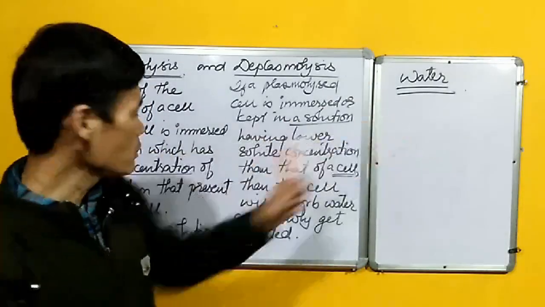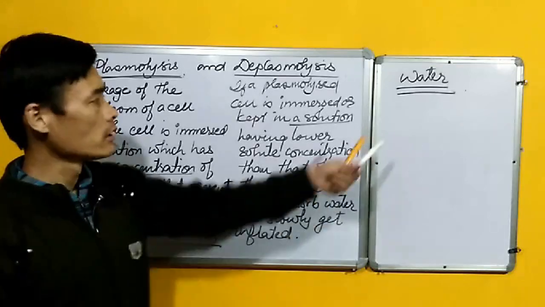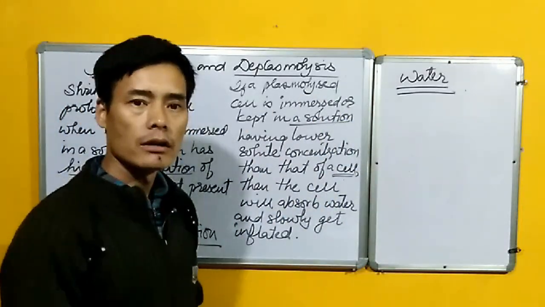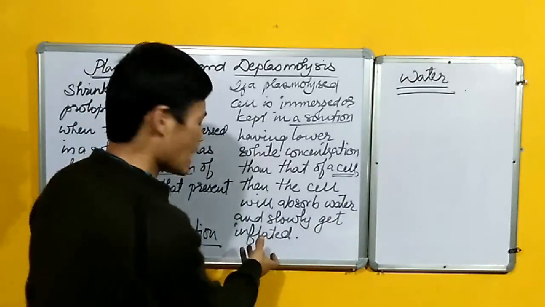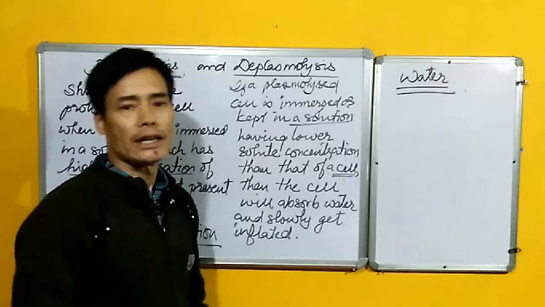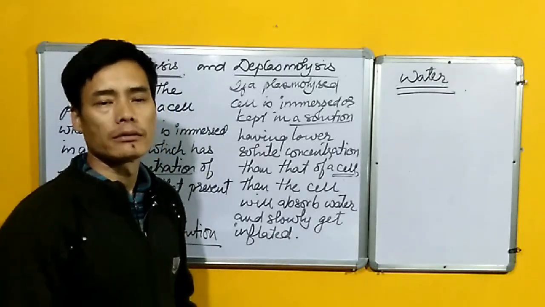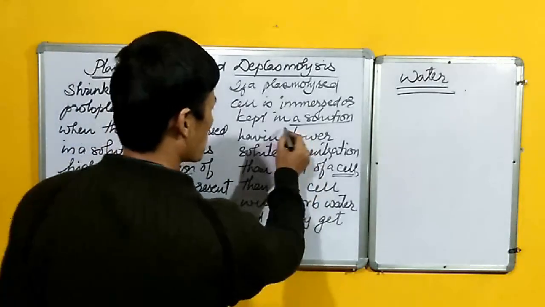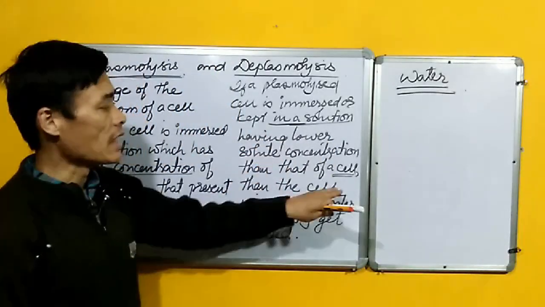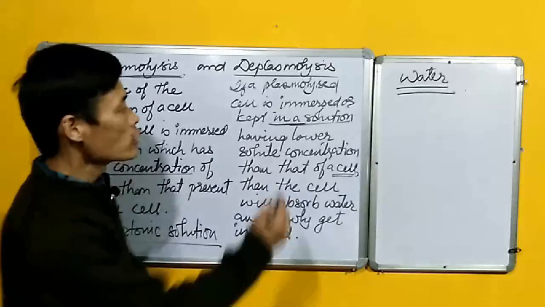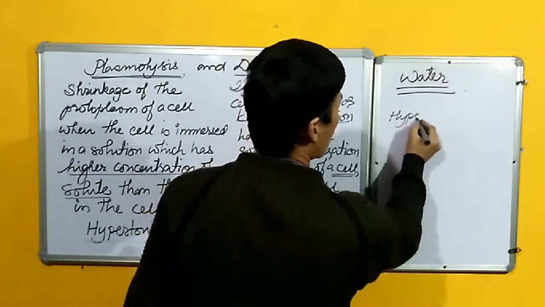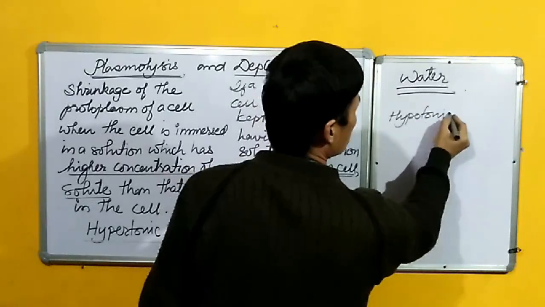In plain water also, the plasmolyzed cell slowly begins to imbibe water, and then the cell reattains its original condition. A solution having lower solute concentration than that of the cell is called a hypotonic solution.